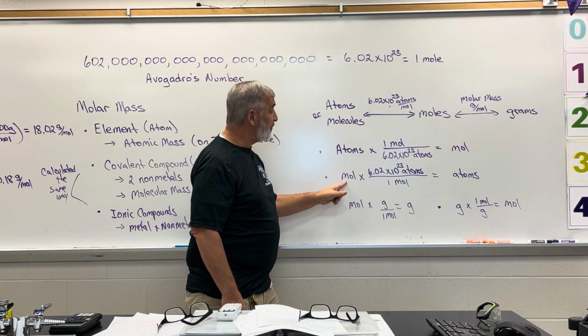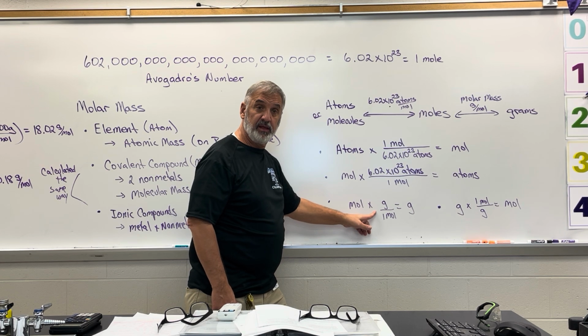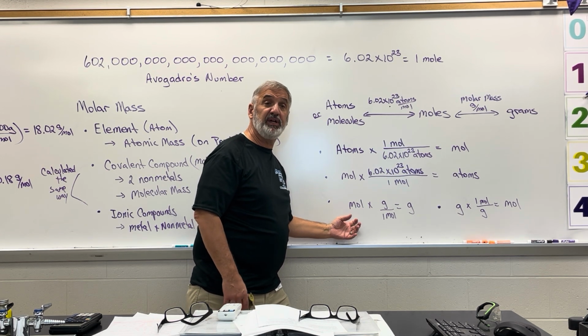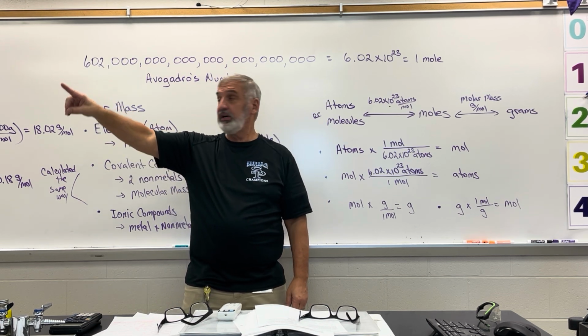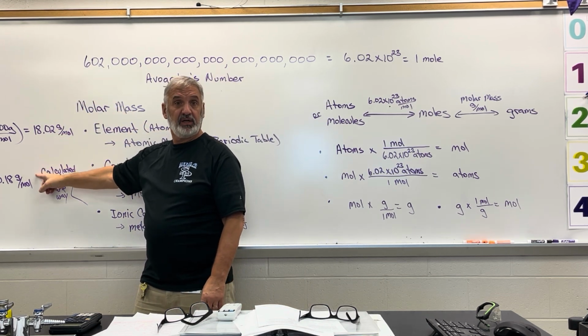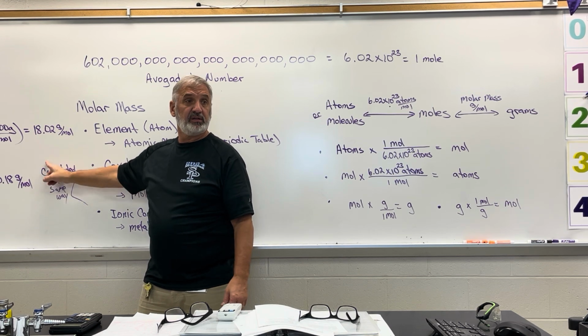If I have grams and moles, then I'm going to use the molar mass. The only thing that's different between an element and a compound is that for an element, I find it directly on the periodic table. For a compound, I have to add them up. And it doesn't matter if it's covalent or ionic, we do them exactly the same way.